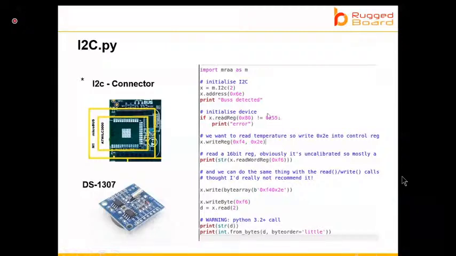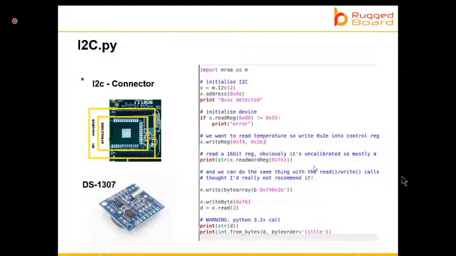So I am trying to read the address of the device, and if it matches, okay. If it doesn't match, then it generates an error. Then what you are trying to do here, I think it is a small temperature sensor module, wherein you can read and write and then print the value of the sensor.